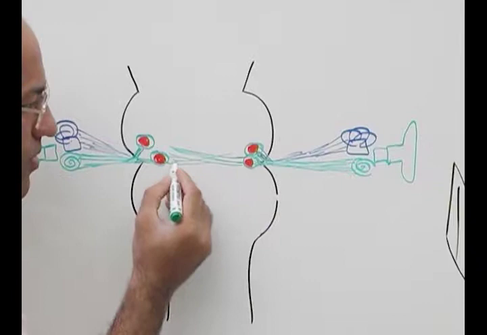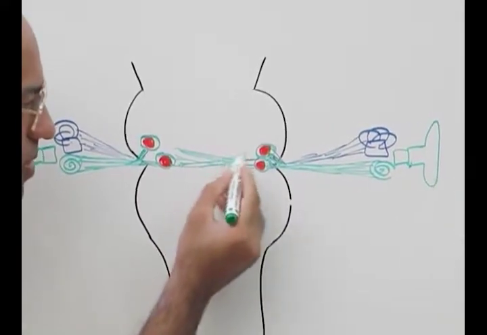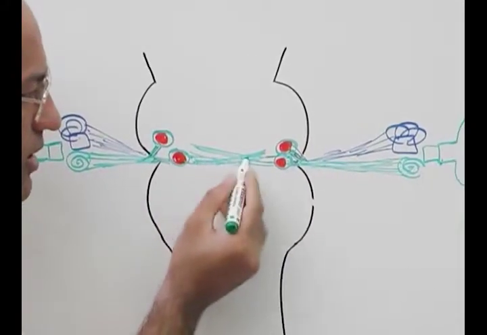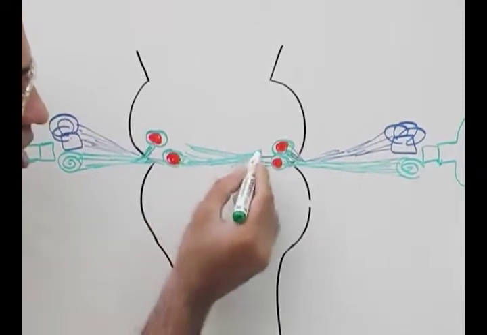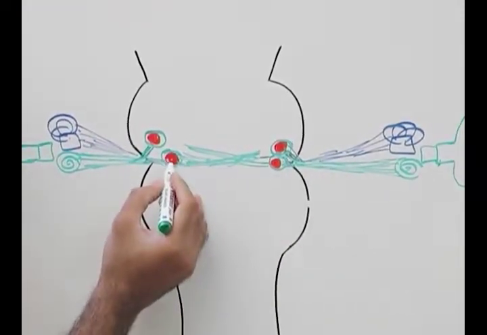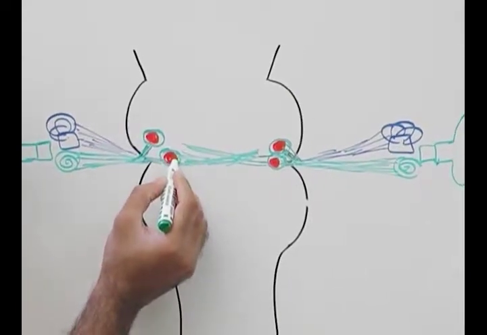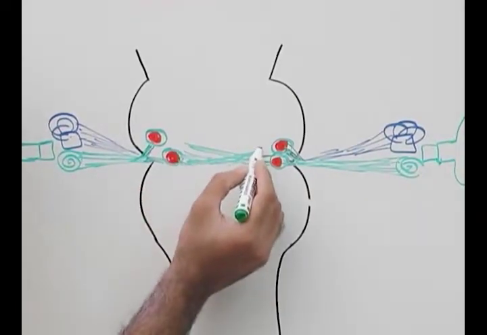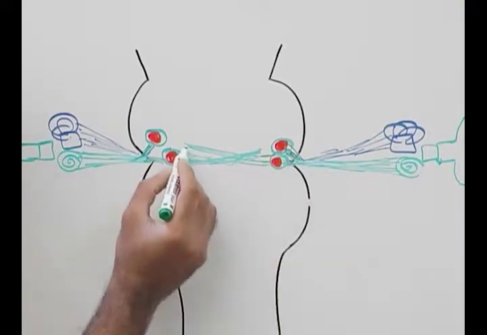Are you getting it? Right, contralaterally. From the right cochlear nucleus, next order neurons are moving to the opposite side. Same is true about the other side.